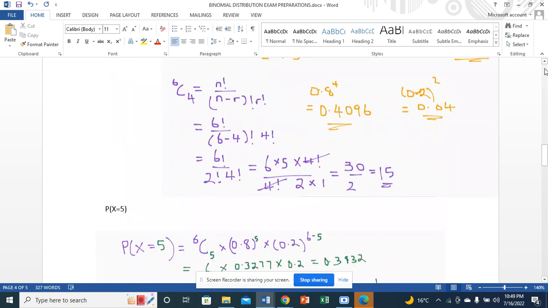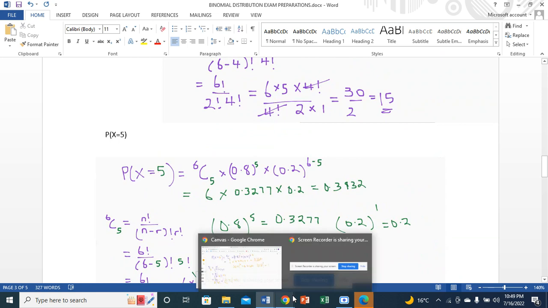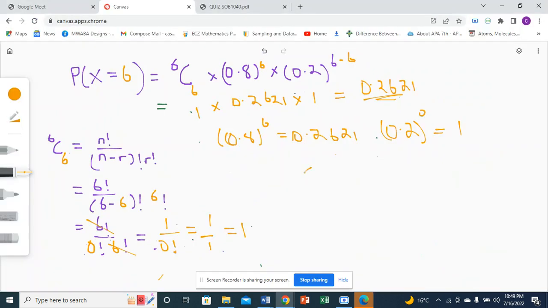And then they've also asked us to calculate the standard deviation of the effective strategies. So the standard deviation, sigma, is the square root of n times p times q. Right?